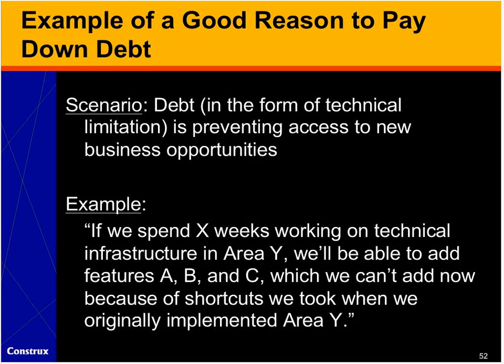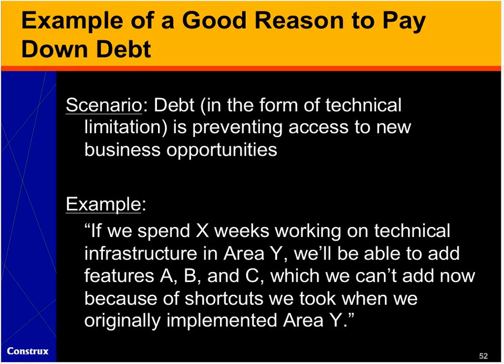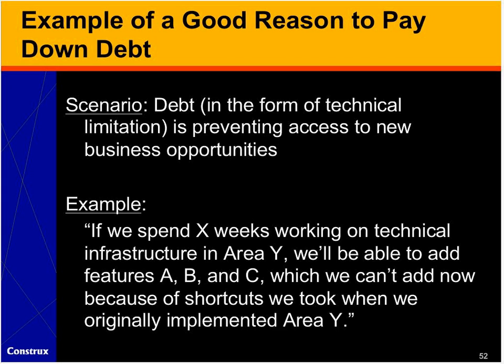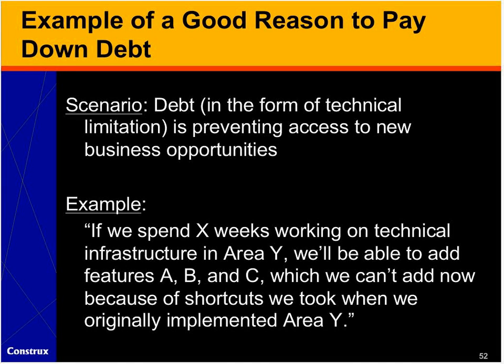So the example here might be, if we spend X number of weeks working on technical infrastructure in area Y, we'll be able to add features A, B, and C, which we can't add now because of shortcuts we took when we originally implemented area Y. And so again, this is couching in terms the business understands: there's a capability that the business or the customer wants, that is features A, B, and C, that we can't add because our work in area Y is blocking that. And I think this is the kind of rationale that businesses tend to be pretty receptive to.